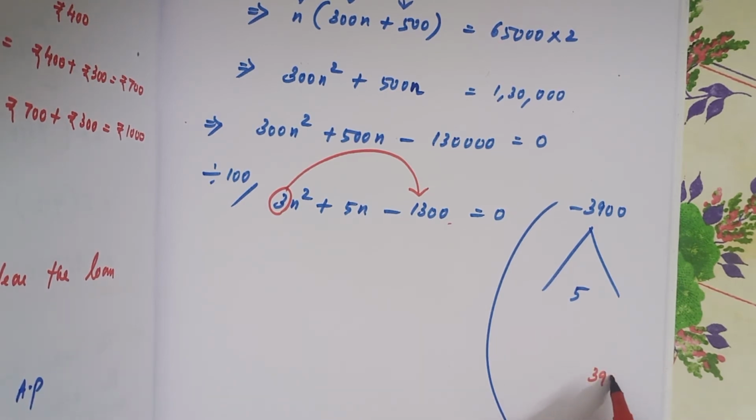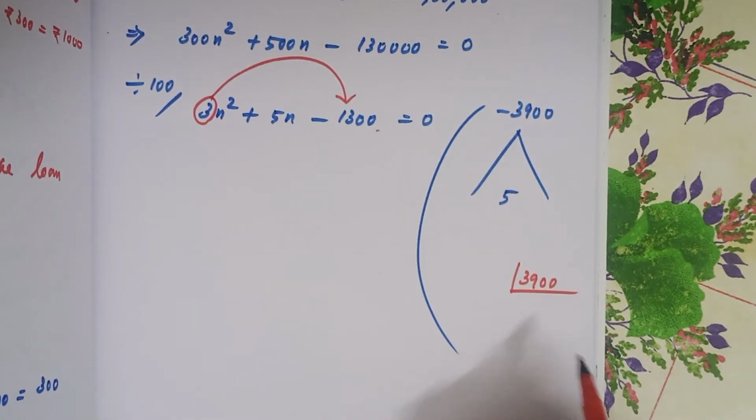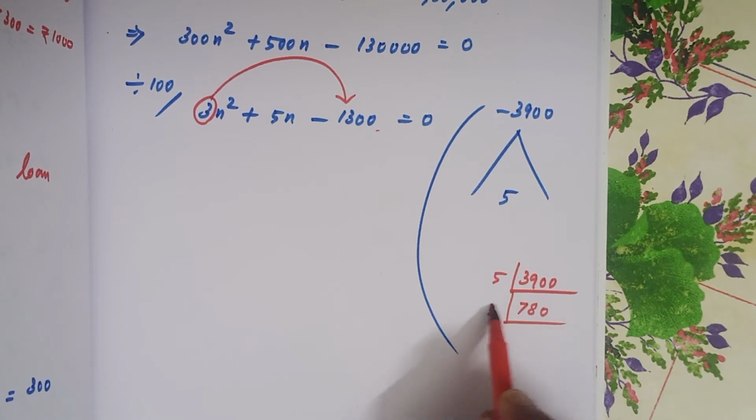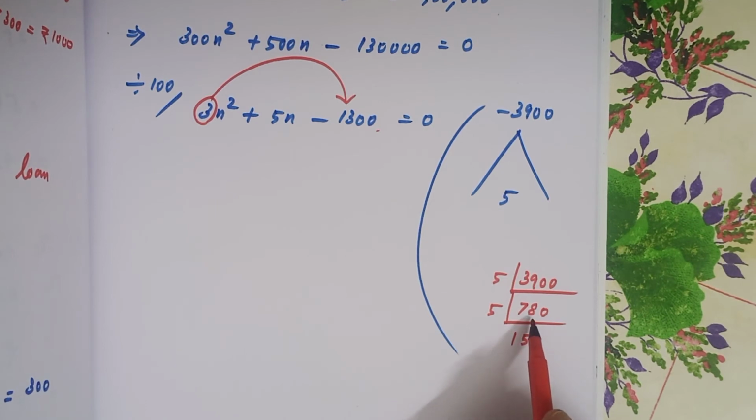Take 3,900. Keep on dividing by the prime numbers. I take 5. 5 sevens are 35. Balance 4. 40. 5 eights are 40. Then 0. Again 5 table. 5 ones are 5. Balance 2. 28. 5 fives are 25. Balance 3. 30. 5 sixes are 30.